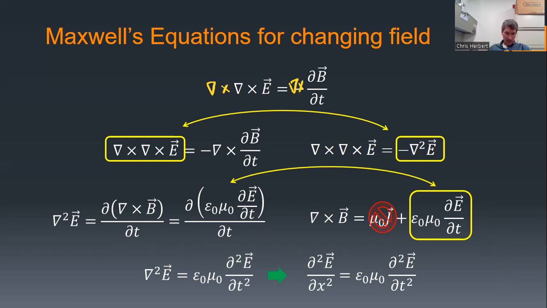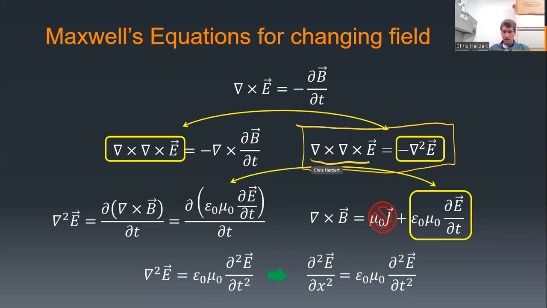And when I do that, I can actually use an identity that we have in vector calculus, and I can replace del cross del with something called the Laplacian. Instead of d/dx i hat, d/dy j hat, d/dz k hat, it's d squared, taking the partial derivative twice, okay?